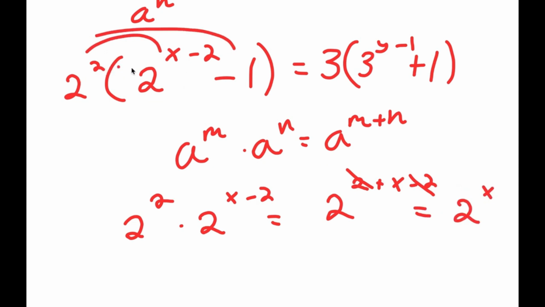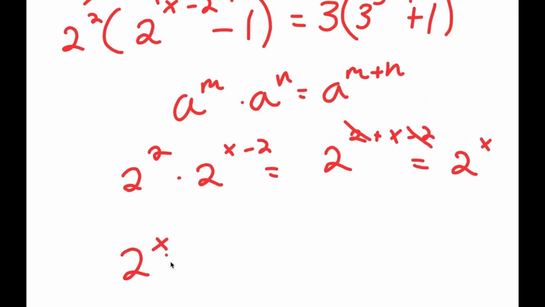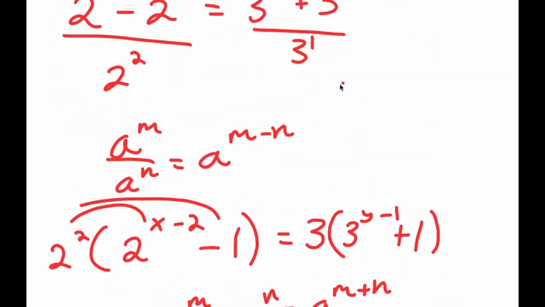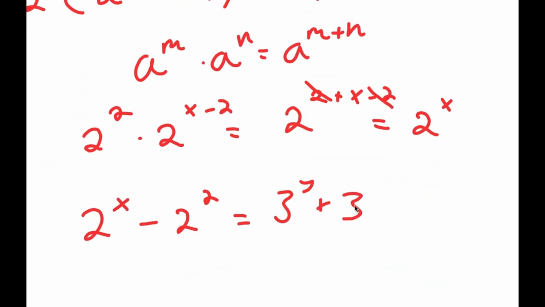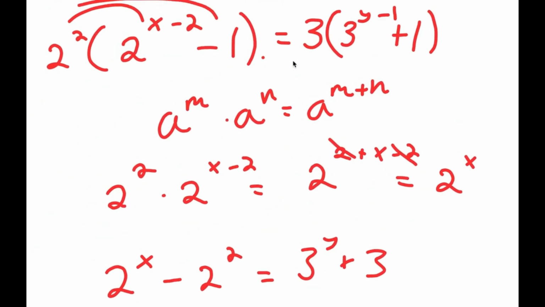So 2 squared times 2 to the power of x minus 2 is 2 to the power of x, and I have 2 squared times negative 1, which is negative 2 squared, and this is equal to 3 to the power of y plus 3. So I'm just checking if we factored out right, and it looks like we did.